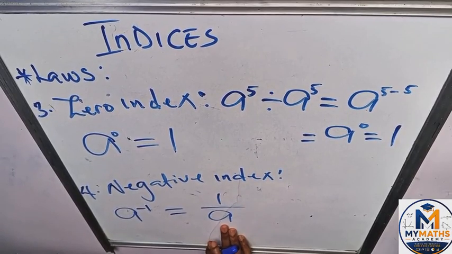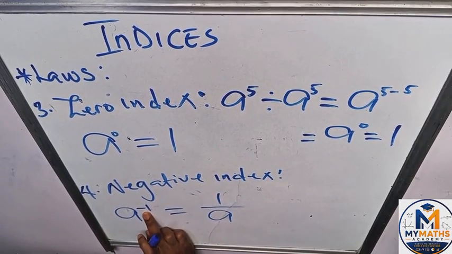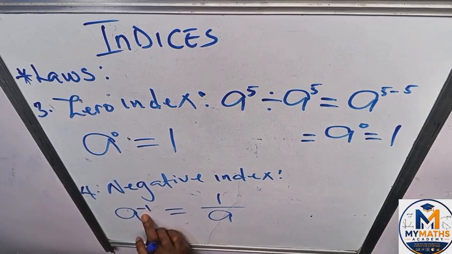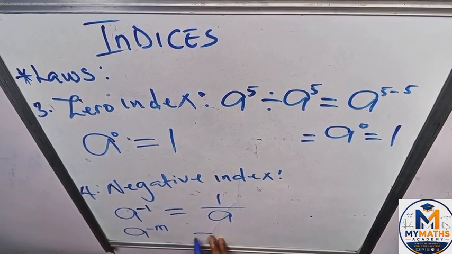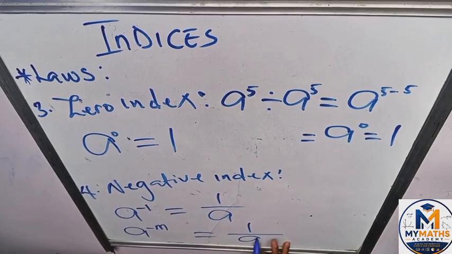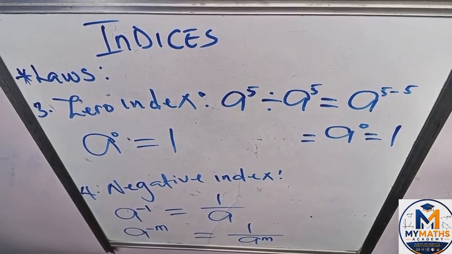Or for example, if I have a raised to power minus n, that means it's going to be 1 all over a raised to power n.